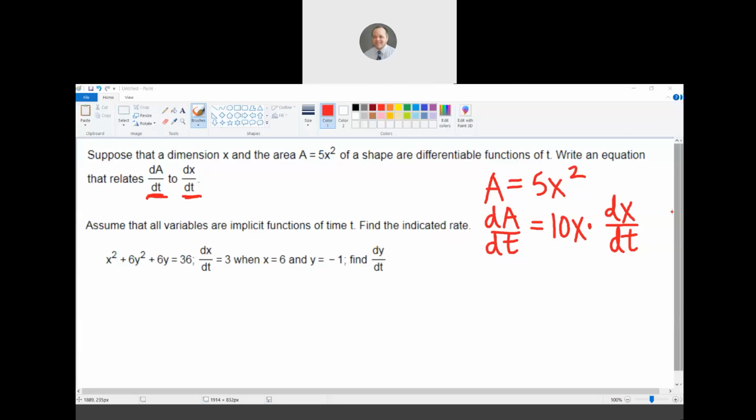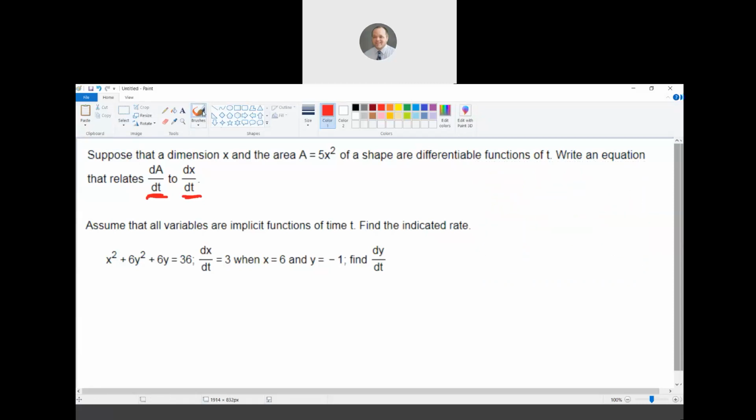Now, our second question goes back to implicit differentiation, so we have to use that again. Assume that all variables are implicit functions of time t. Find the indicated rate.